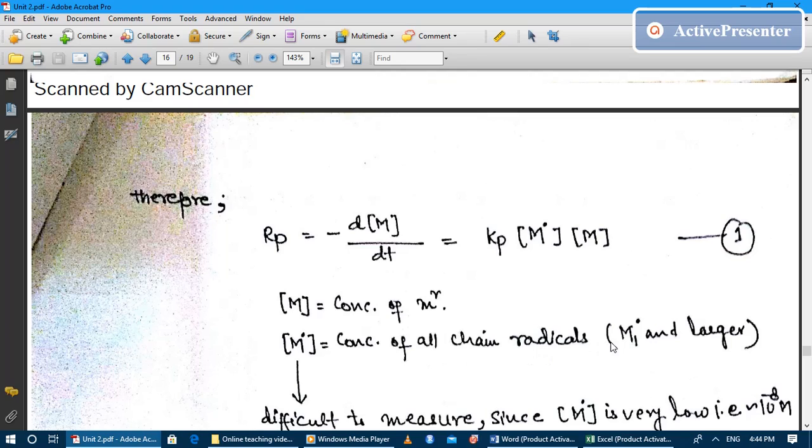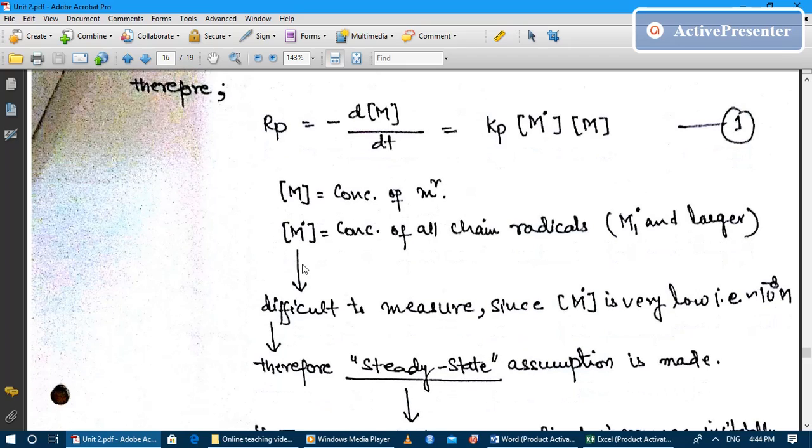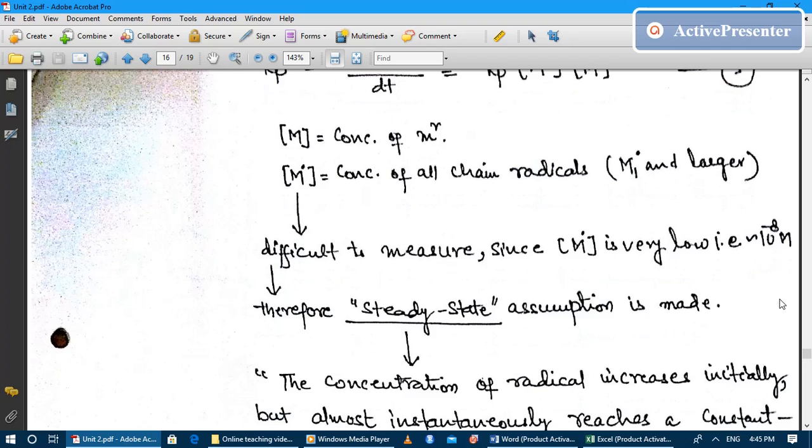All chain radicals mean M1 dot and larger, that means M1 dot, M2 dot, M3 dot, M4 dot, likewise Mx dot. It is difficult to measure the concentration of the radical since the concentration of M dot is very low. It is of the order of 10 to the power minus 8 molar.